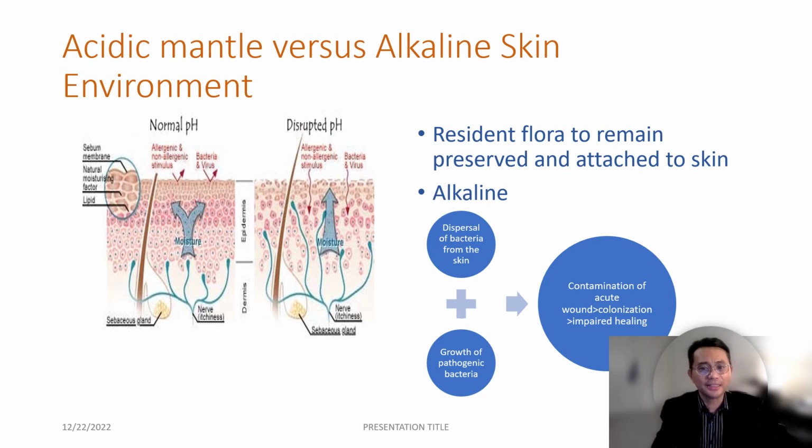So when the pH is disrupted and becomes alkaline, what happens? This allows the dispersal of bacteria from the skin and growth of pathogenic bacteria. So this allows entry and contamination of acute wounds.